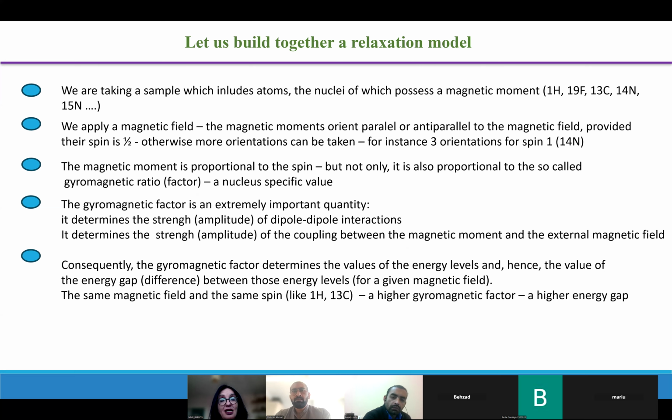And this is like the salary per hour, yeah? So the magnetic moment is the gyromagnetic factor times the spin, in the same way as your total salary is your salary per hour times the number of hours. It's just this full analogy.